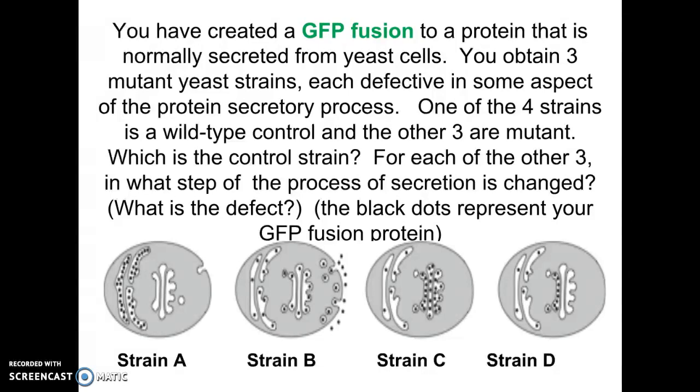So we know that strain D, for instance, once we find the protein that has the mutation, we know that protein has something to do with progression through the Golgi. We know that strain C has a mutation that has something to do with exit from the Golgi.